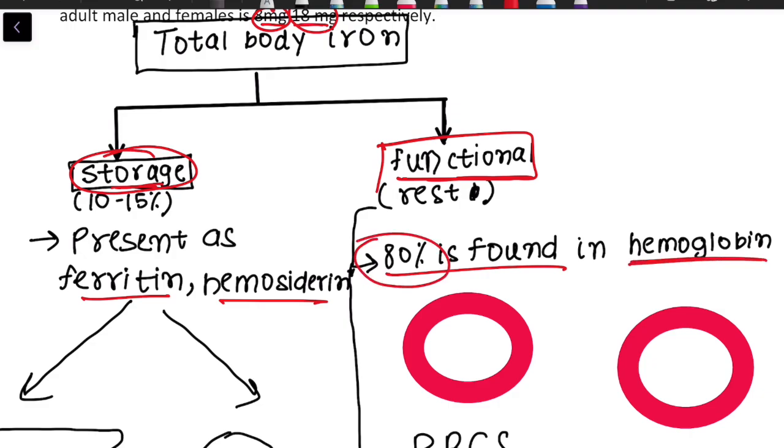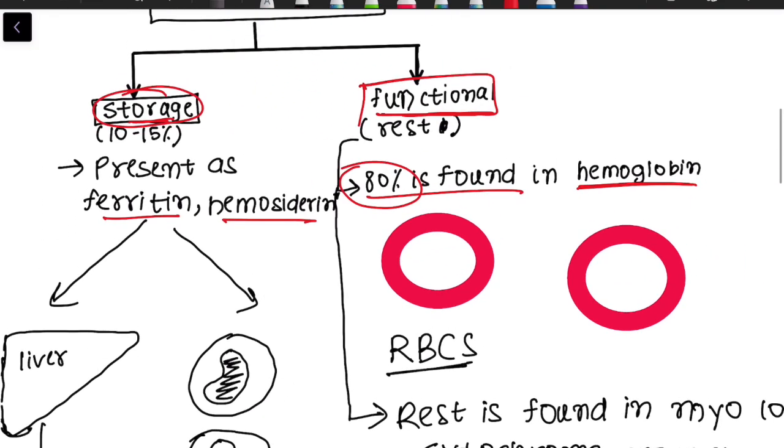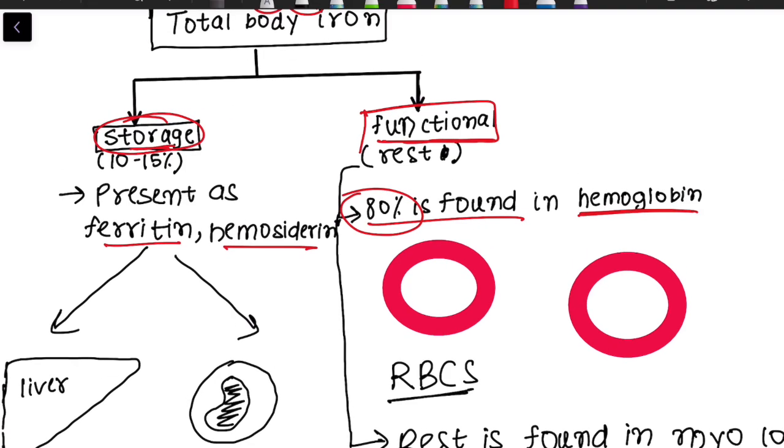This line is very important. The functional form is the major form of total body iron. The storage form is only 10 to 15%, but 80% of the functional form is hemoglobin. And as you know, hemoglobin is involved in the transportation of oxygen in our body.